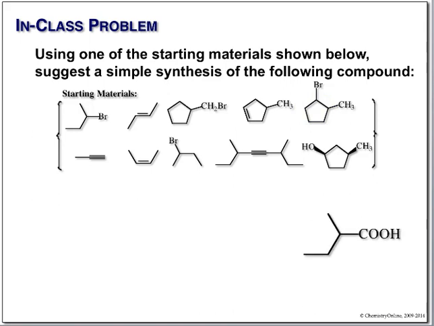All right, this is the carboxylic acid, isn't it? How many ways do we know to make carboxylic acids? 2 ways, actually. We can split an alkene to make carboxylic acids, or we can split an alkyne to make carboxylic acids.